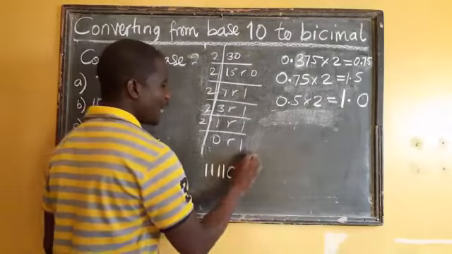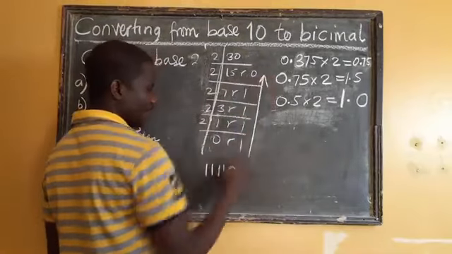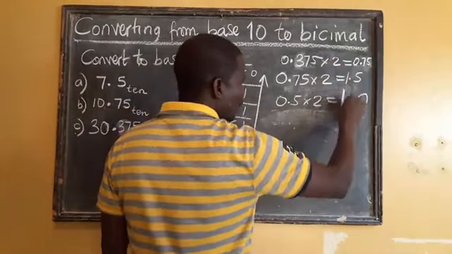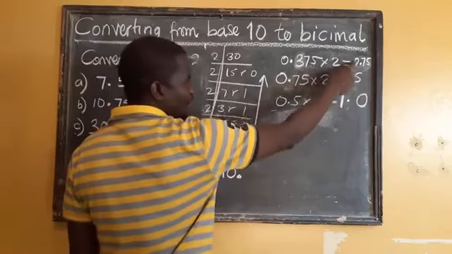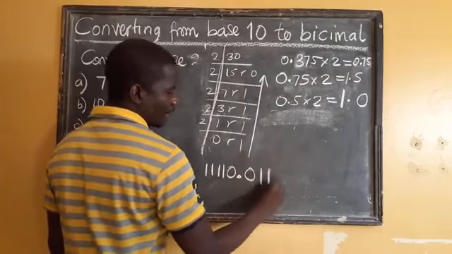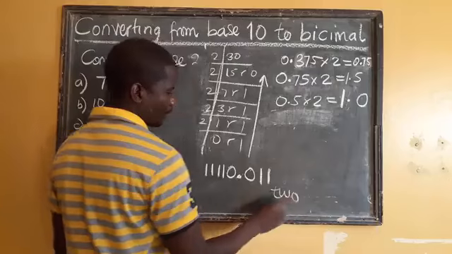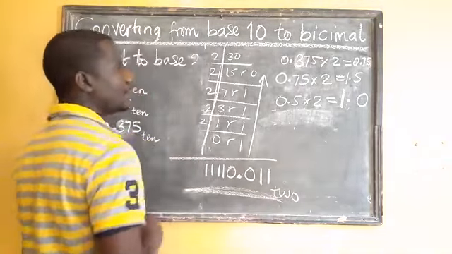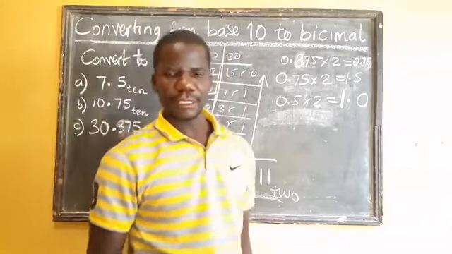And we were getting our answer this side going up of the remainders. Here, we'll get our answer coming down of the whole numbers. So we have 0, 1, and 1. So it's 0, 1, and 1 in base 2. Alright? This is what we are supposed to do.